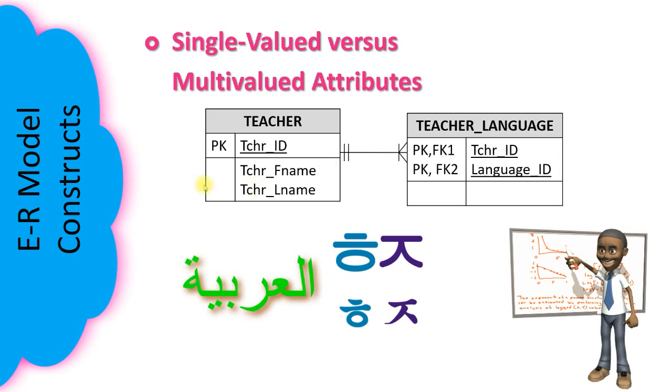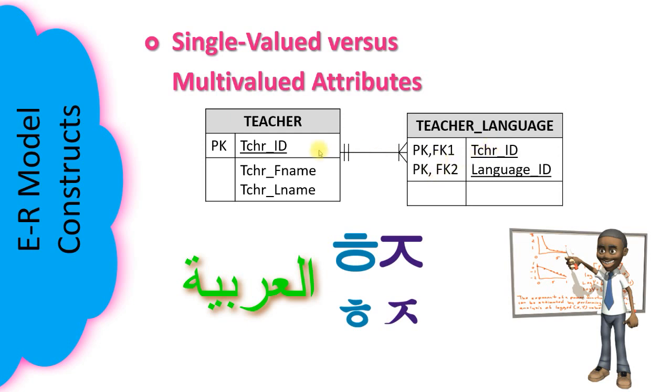I repeat, the multi-valued attribute must be removed from the original entity type, and a new entity type should be created for that purpose, just for language, or perhaps hobby, or academic qualification.